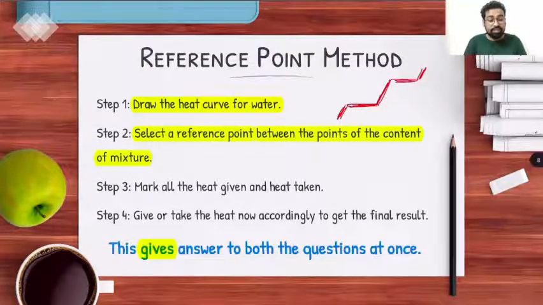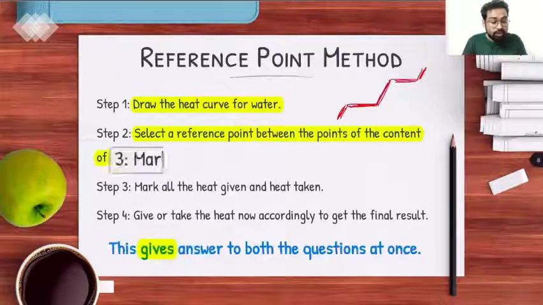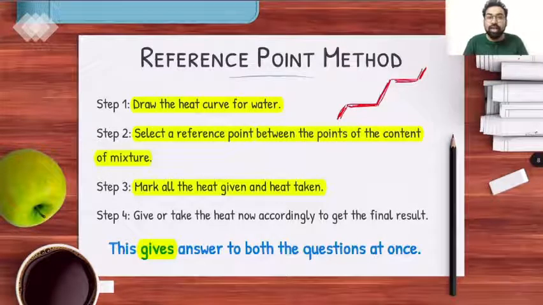So this tells us step 3 that you have to mark all the heat given and heat taken. This is where the principle of calorimetry strikes in. You can say that once you talk about a hot body and a cold body, the hot body would be losing its heat. The cold body would similarly be gaining the heat. So let's mark down, let's get both of them to this reference point.